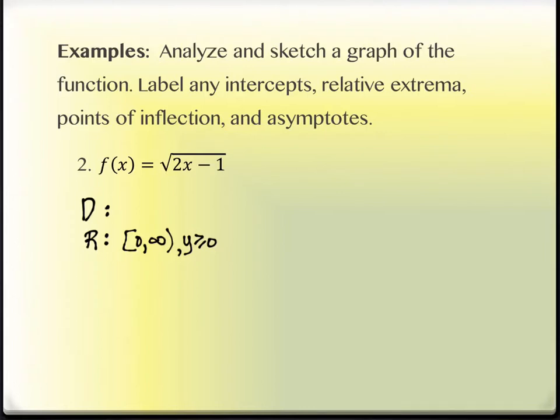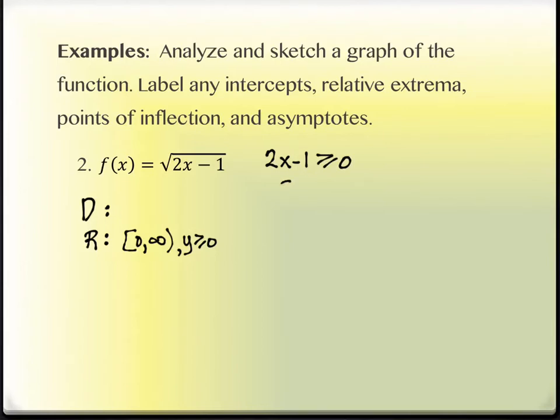Domain. Well, I've got a radical, a square root specifically. And underneath the square root, I can't have negatives, right? We're working with calculus in the real number system. No negatives underneath the radical. So 2x minus 1 must be greater than or equal to 0, and I can solve that inequality.